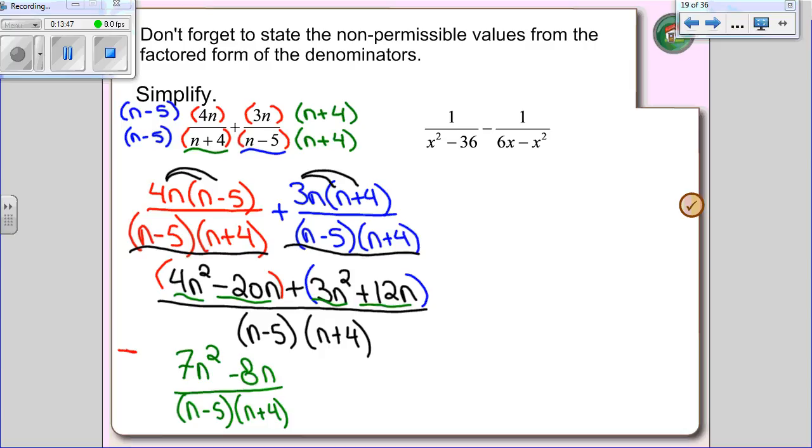You can't always factor after, but sometimes you can, and it's good to check, because sometimes in the very last step, you can cancel something. Like 90% of the time you can't, but you still got to check. So if there was an n minus 5 on the top, I could have canceled them out. Yeah, so if instead of 7n minus 8, that had somehow turned out to be an n plus 4, then I could cancel.